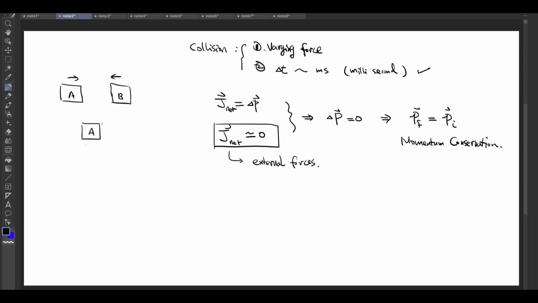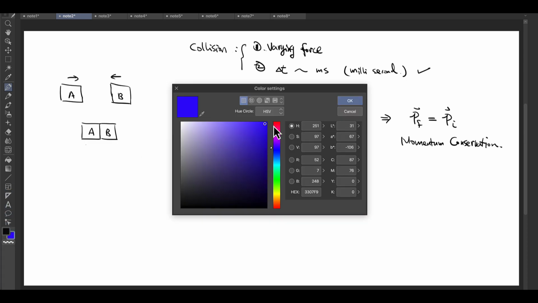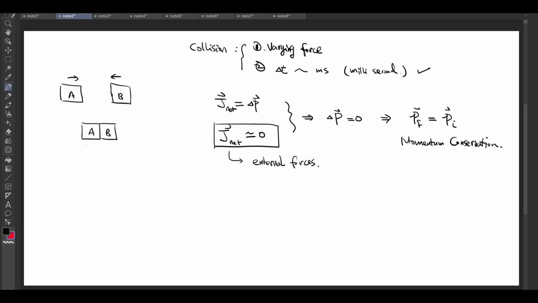We have A and B touching each other, and there's a normal force, of course, between them. There's a normal force of B acting on A, and a normal force of A acting on B. These two forces are action-reaction pairs, and they're equal in magnitude, right?